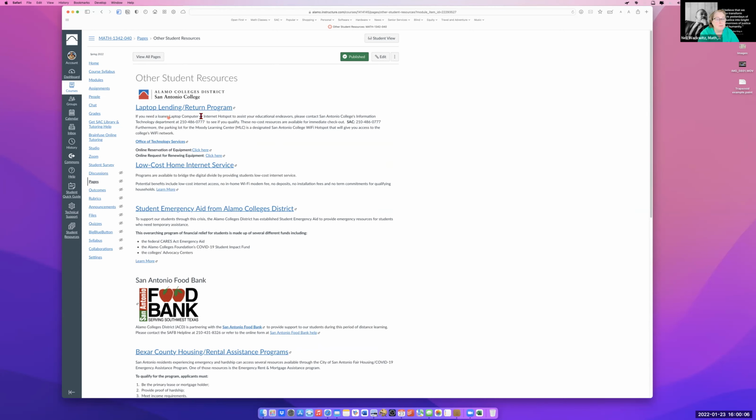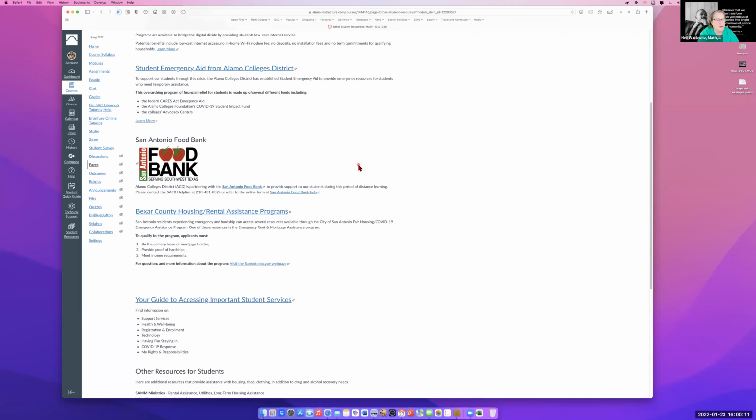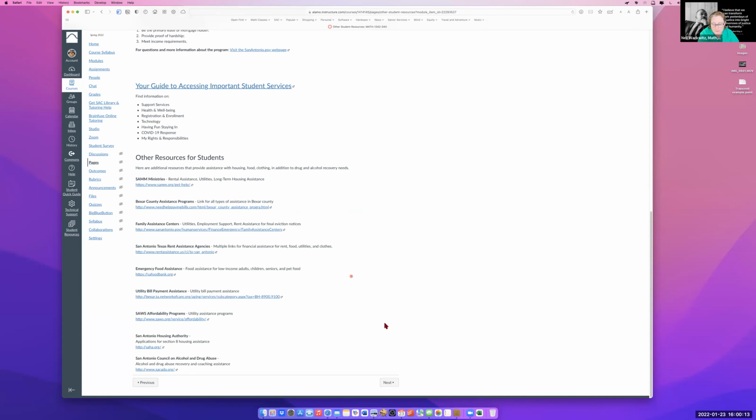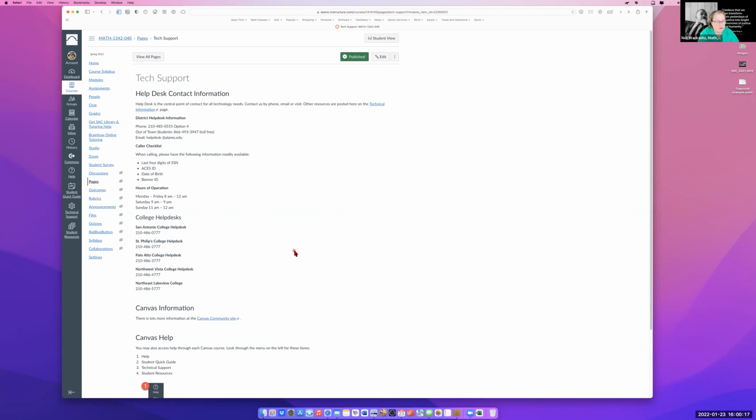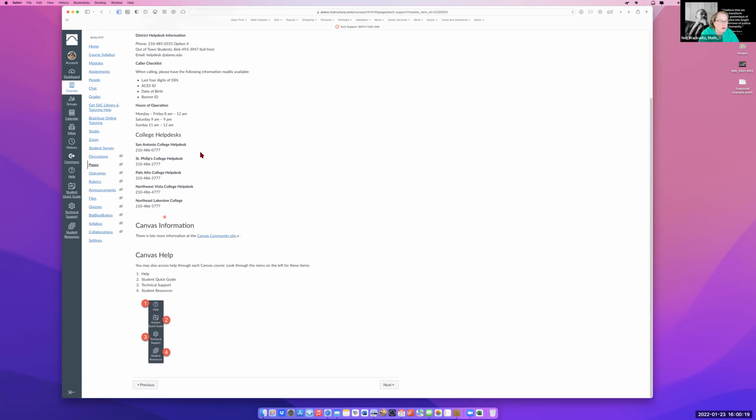If you need a laptop or you need a hotspot, and loads of other things that are available. And then tech support. And all the colleges are listed here.